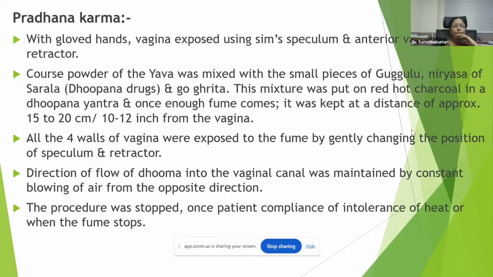Next, coming to the pradhana karma, with a gloved hand, the vagina is exposed using the Sims speculum and the anterior vaginal wall retractor.